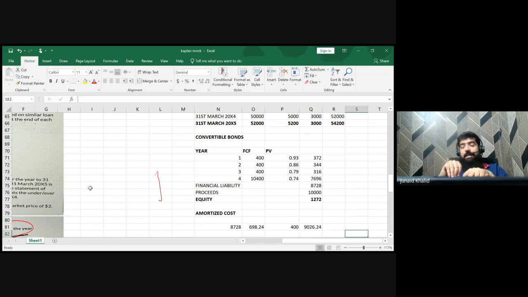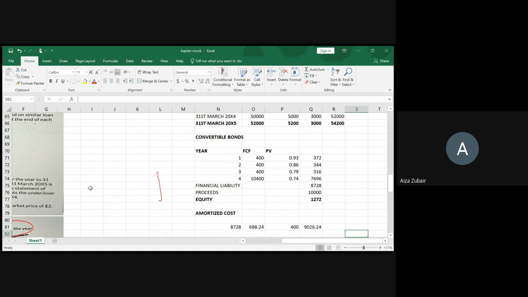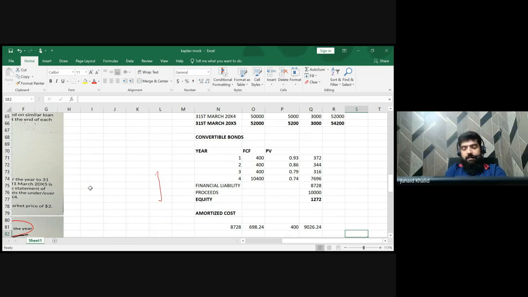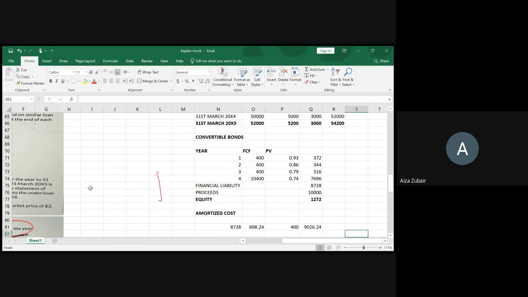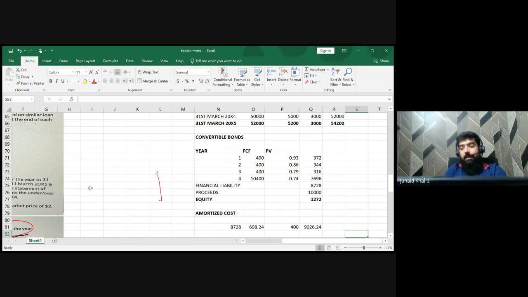We are today at the end of the year. Then we take it from the amortized cost schedule, and that amount is 9,026. Very good. Are you getting the point?